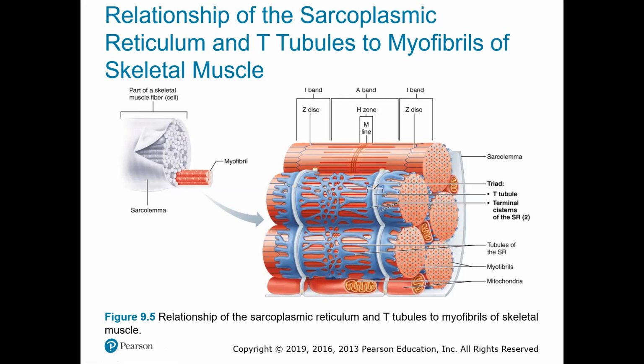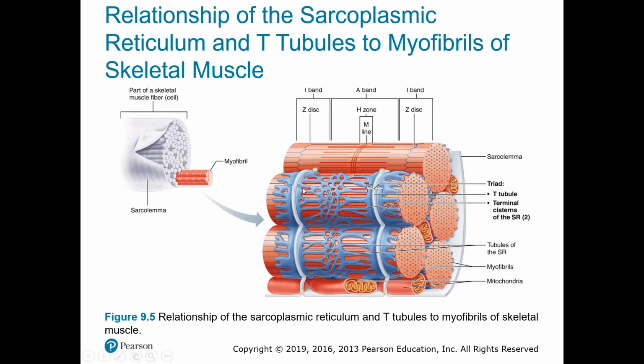The whole purpose of the T tubule is to transfer a nerve impulse that starts on the cell membrane down to every sarcomere. Because remember, the sarcomeres are the area from Z line to Z line. And there's probably billions of sarcomeres in every muscle cell.